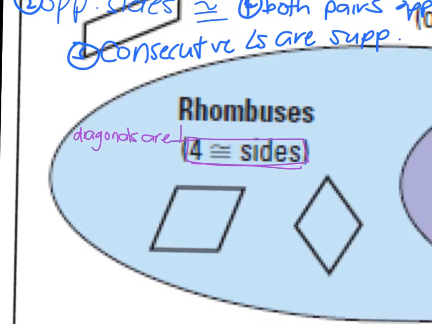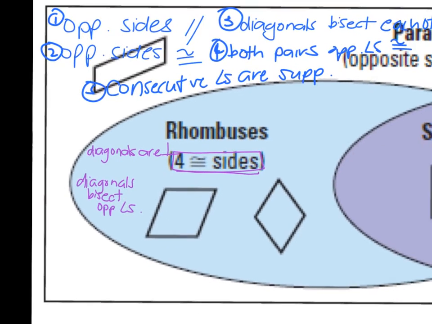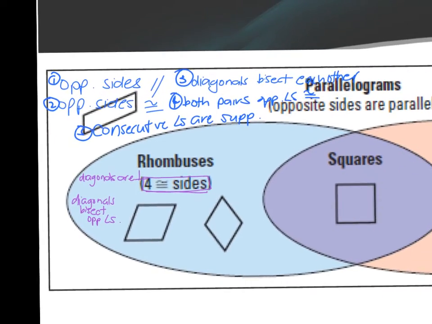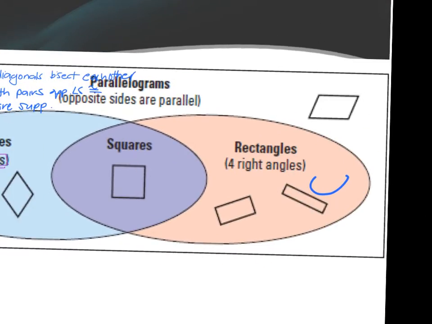There's something else you know about a rhombus. Good. Diagonals bisect opposite angles. So 3 things that are true about a rhombus, in addition to all the properties of a parallelogram.